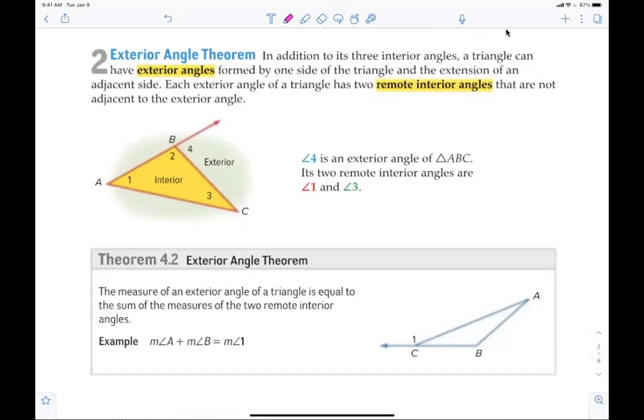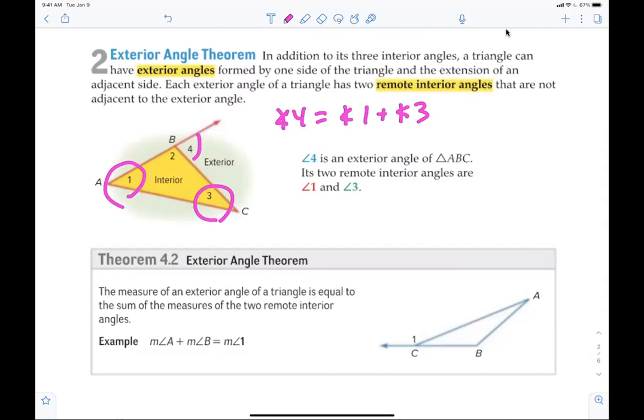So angle 4 is equal to angle 1 plus angle 3. Angles 1 and 3 are called the remote interior angles.